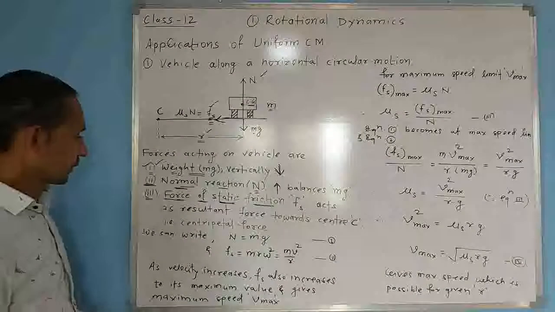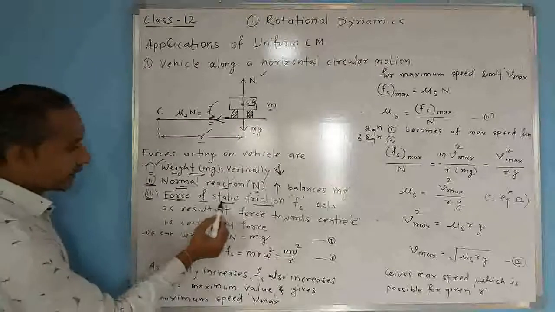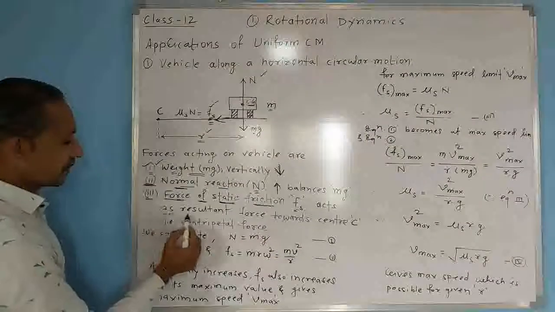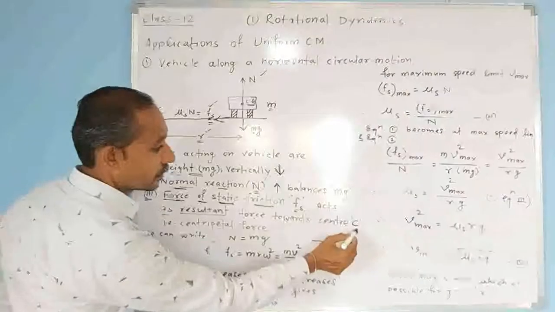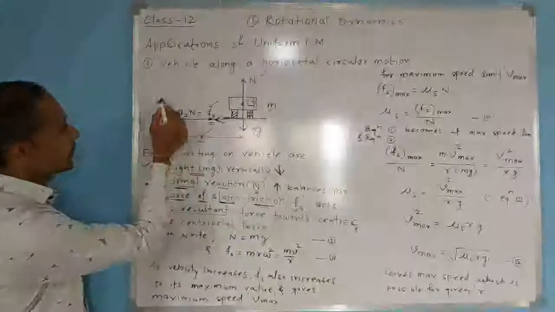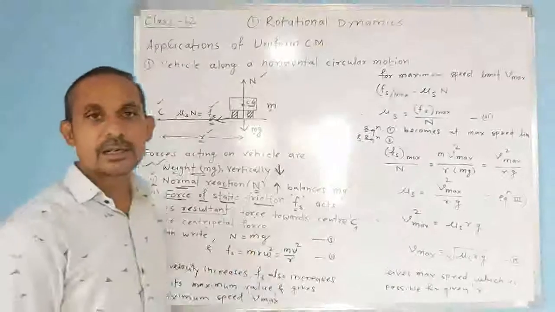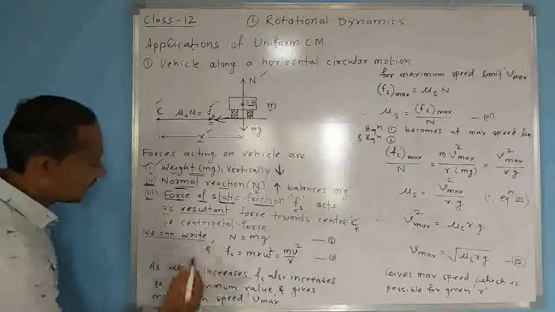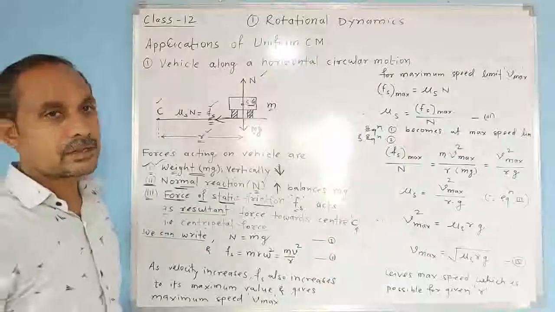Now, the force of static friction Fs acts as the resultant force towards center C, and that is the centripetal force. Now we can write two relations.